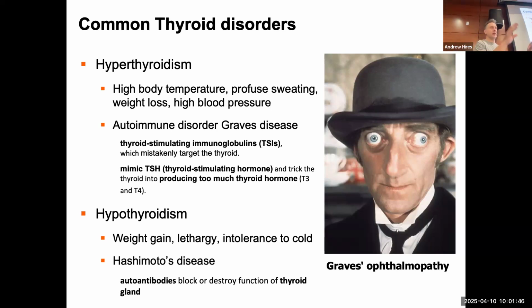For whatever reason, your B cell didn't get screened out appropriately. Now you're making these immunoglobulins binding onto the receptor, and it locks the thyroid stimulating hormone receptor into a constitutively active configuration.